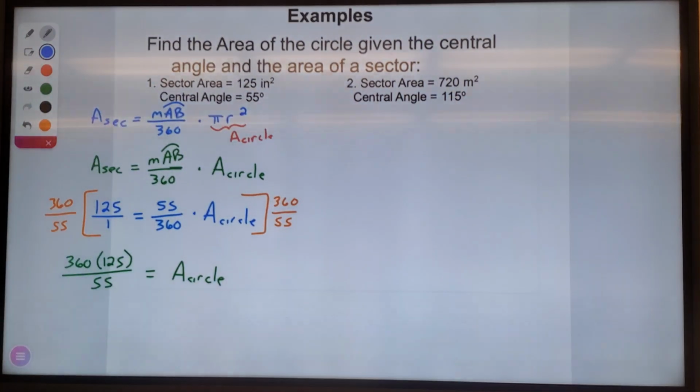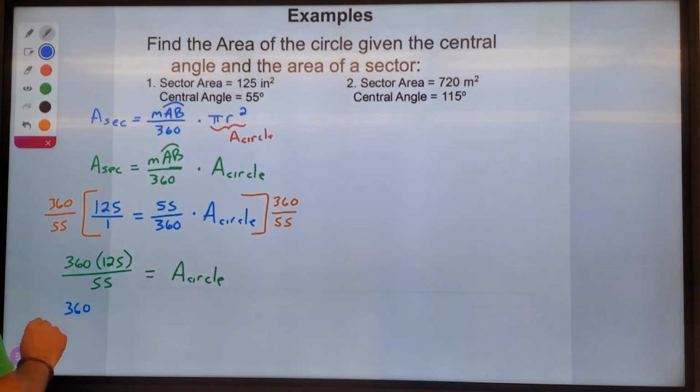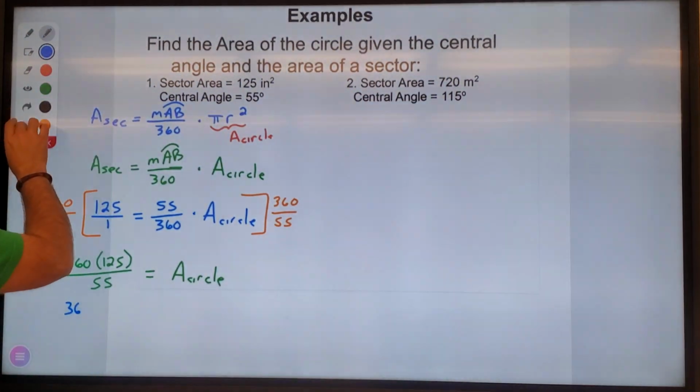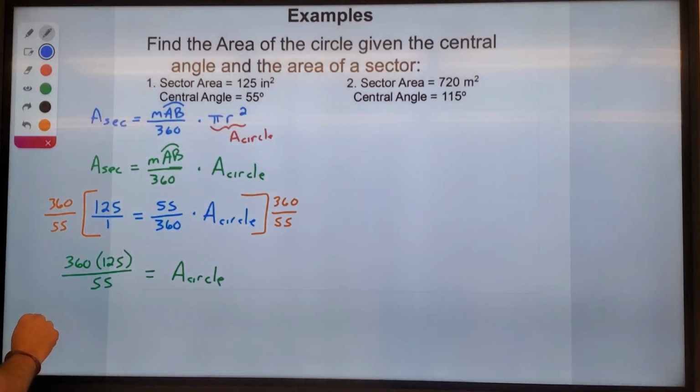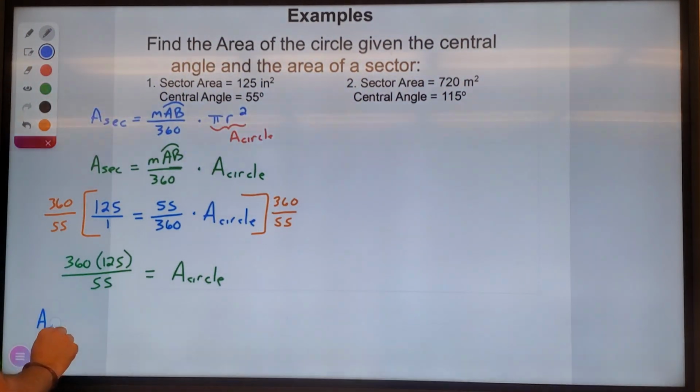Okay, I'm going to take the 125 and the 55 in the denominator. I'm going to divide both of those by 5. Okay, so that's going to give me 360. Let's write this again. Again, let's flip this around now. So I have the area of a circle, so I can work it out this way.